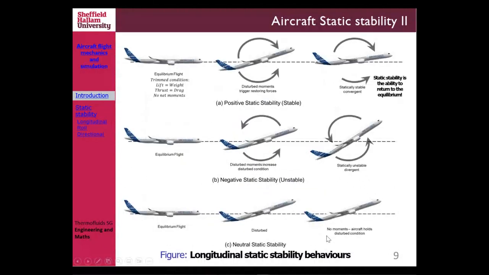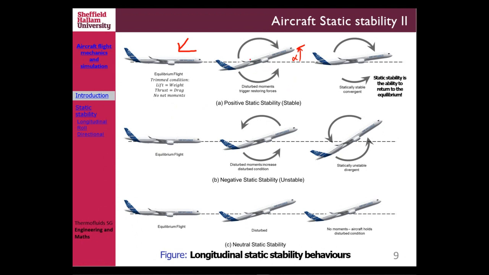So if you look at this illustration, this is your original condition. For example, we look at 3 different conditions. If you disturb it with a gust, your aircraft slightly noses up like that, and there will be an increase in alpha.